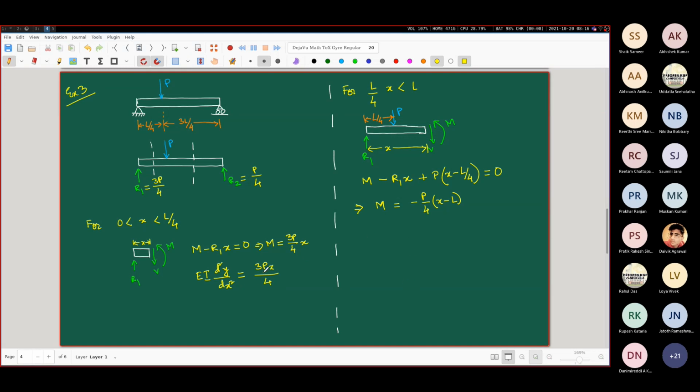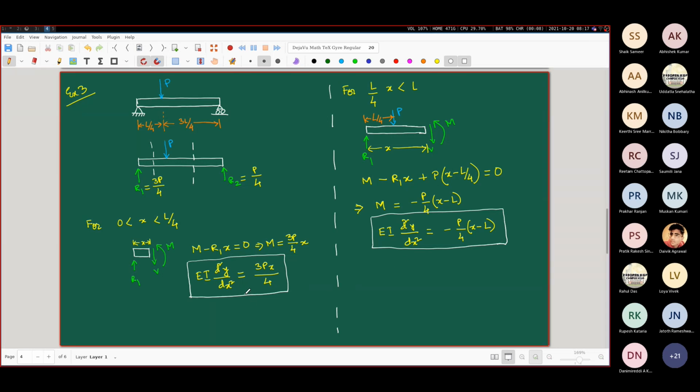Which means that earlier my concerned equation was this. Now my concerned equation is this. Okay, so this is the form of the equation between 0 and L by 4, and this is the form of the equation between L by 4 and L.